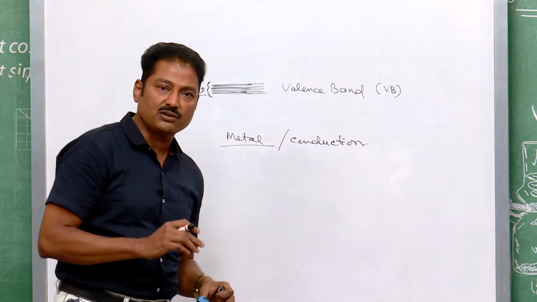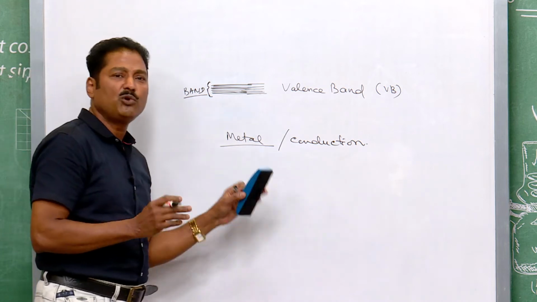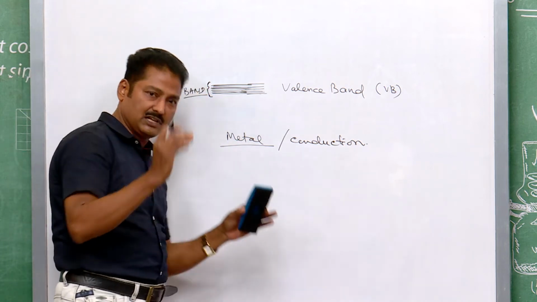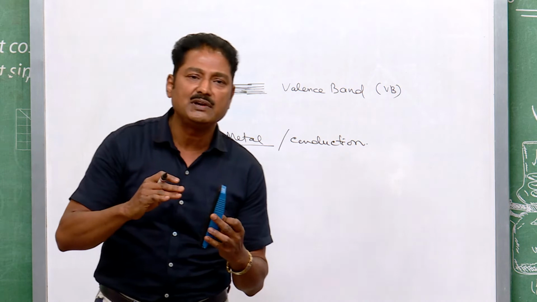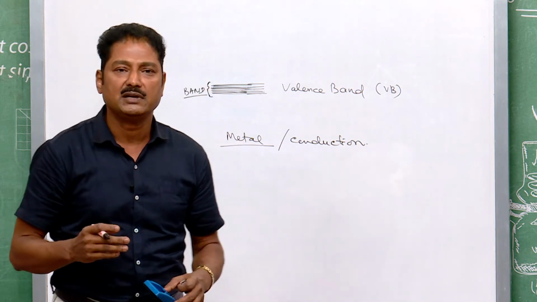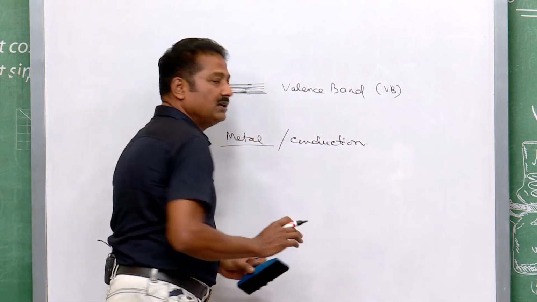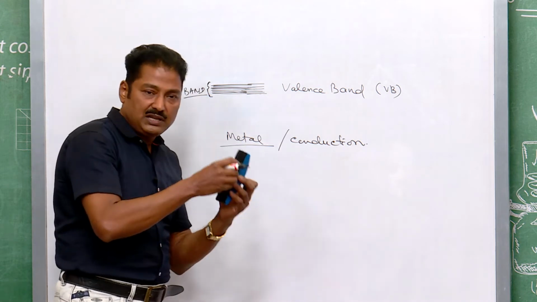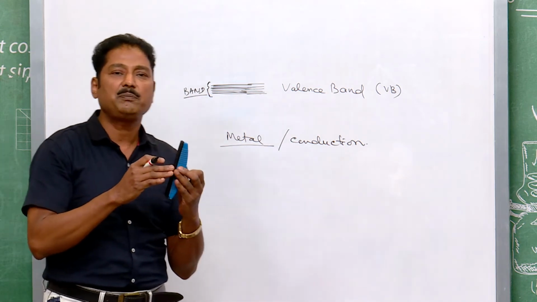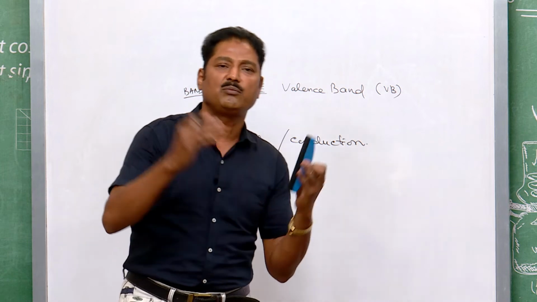These conduction electrons will certainly have more energy, because they have absorbed some energy and then detached from the orbit. If they are free from their parent atom, they will still have more energy.